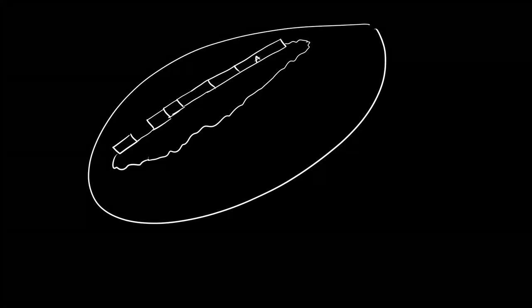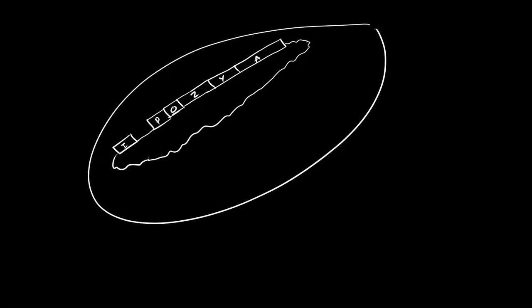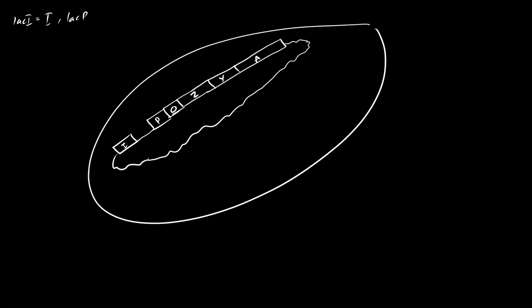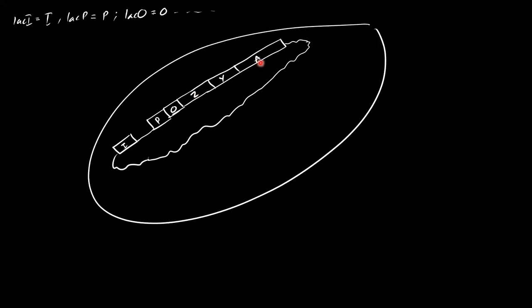This is A, lac A. This is lac Y. This is lac Z. This is O. This is P. This is I. So the lac I gene here is indicated by I. Lac P, which indicates the polymerase binding site, is just P. And then we have lac O equals O here, and lac Z, Z, Y, A, just to make things more simple.